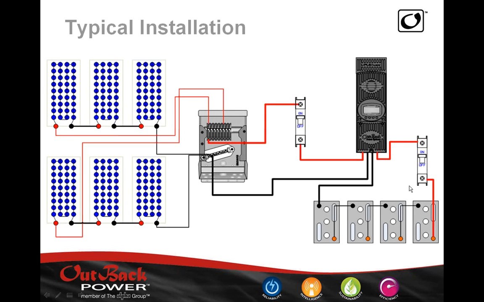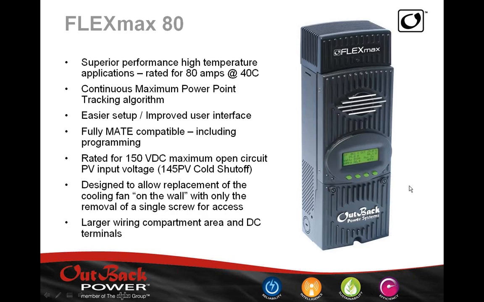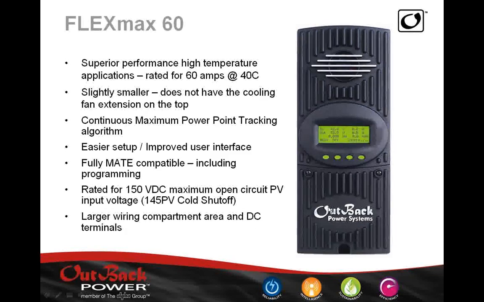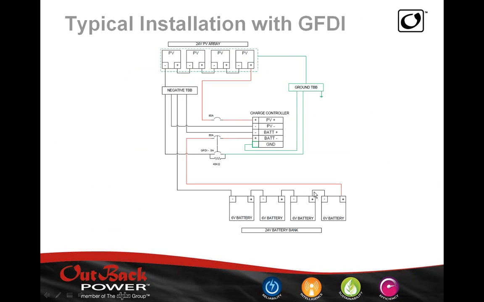Now, we said that these charge controllers have a limitation at 48 volts of 4,000 watts, but if you run into a system that's using a 48 volt and a larger array of, say, 8, 12, 16 kW, then at that point you would just simply parallel more charge controllers.